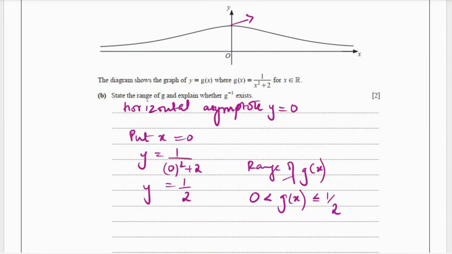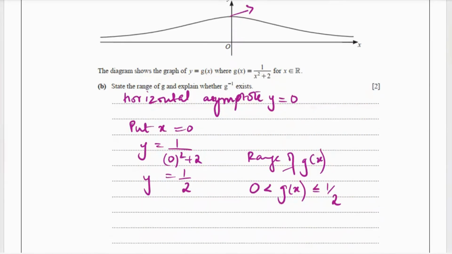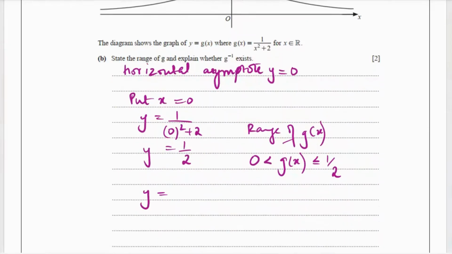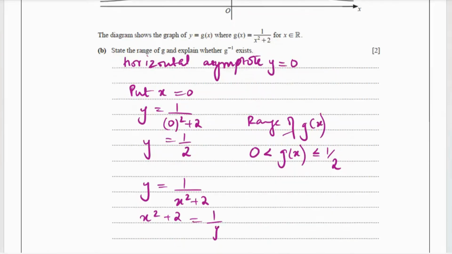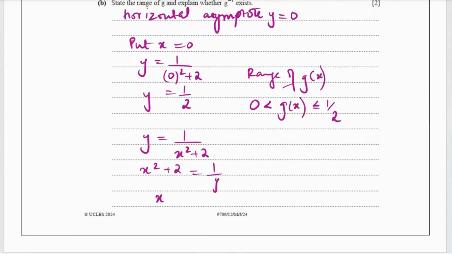Then we need to explain whether g inverse of x exists or not. g inverse of x is not going to exist because it's not a one-to-one function. Because if we try to find the inverse, y equals 1 over x squared plus 2, x squared plus 2 equals 1 over y. That's going to be x squared equals 1 over y minus 2, and x equals root of 1 over y minus 2.